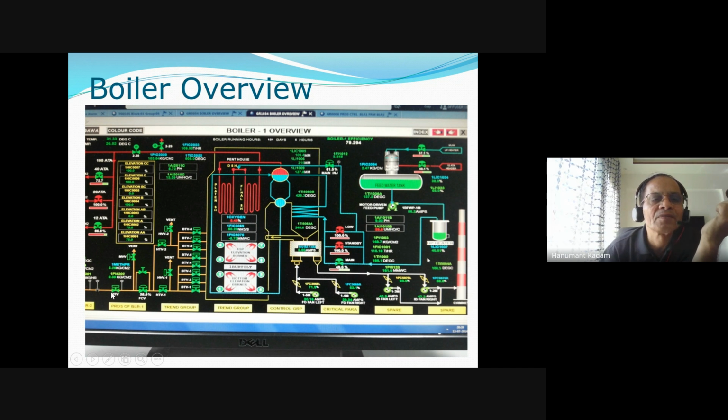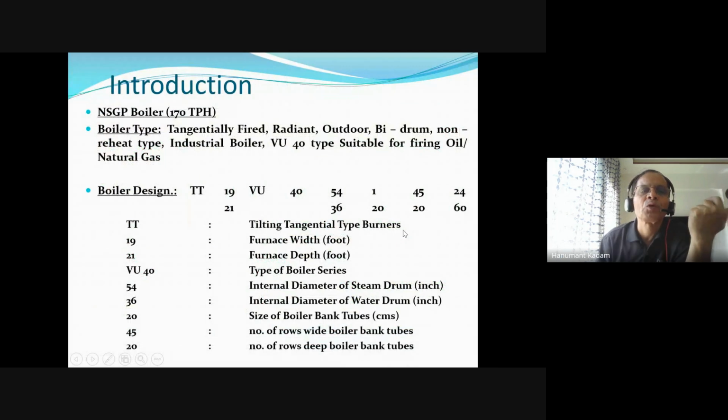Fuel control. Various elevations are mentioned here, first floor, second floor, like that. And this is the graphical view.